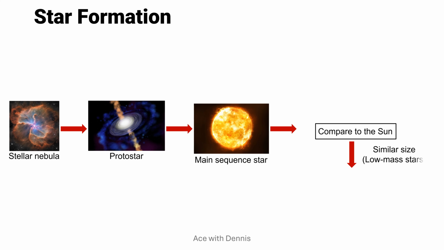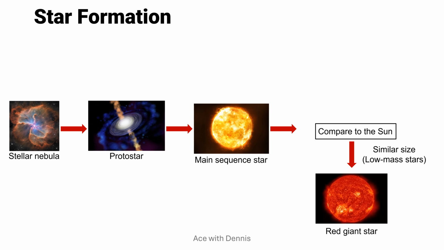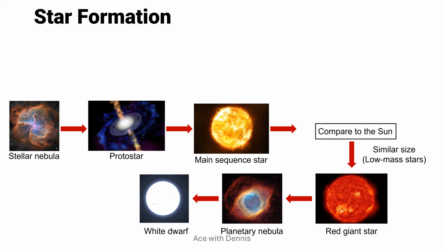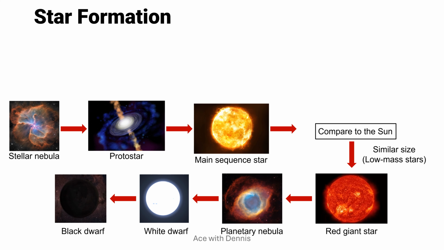If it is similar size with the Sun, this star is considered as low mass star. The next stage after main sequence star will be the red giant star, followed by the planetary nebula, and the next stage will be the white dwarf, and at the end it becomes black dwarf.